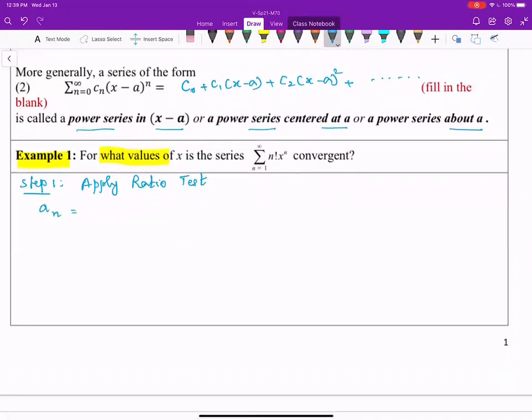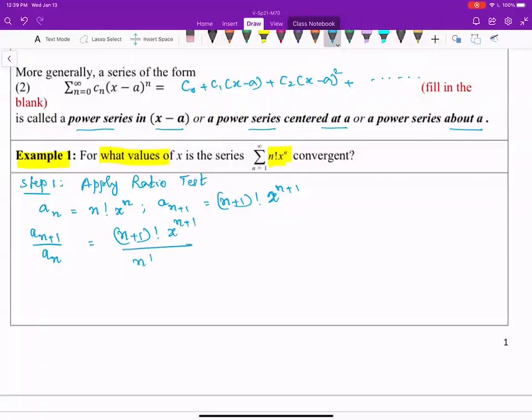We get a sub n, without the sigma, which is factorial n times x to the power n. The n plus first term, a sub n plus 1, is n plus 1 factorial times x to the power n plus 1. In order to apply the ratio test, we consider the ratio a sub n plus 1 over a sub n, which is factorial n plus 1 times x to the power n plus 1 divided by factorial n times x to the power n.